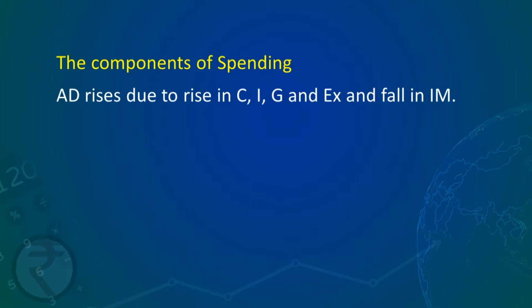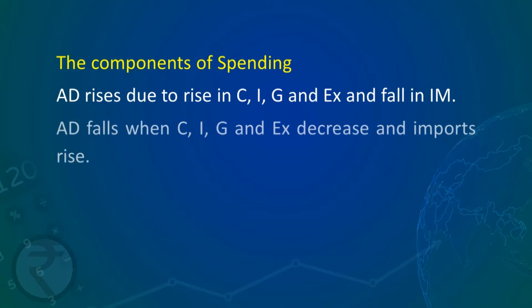Aggregate demand rises due to rise in consumption, investment, government expenditure and exports, and due to fall in the imports. And aggregate demand falls when C, I, G and exports decrease and imports rise. So there is shift in the aggregate demand because of any of these components.